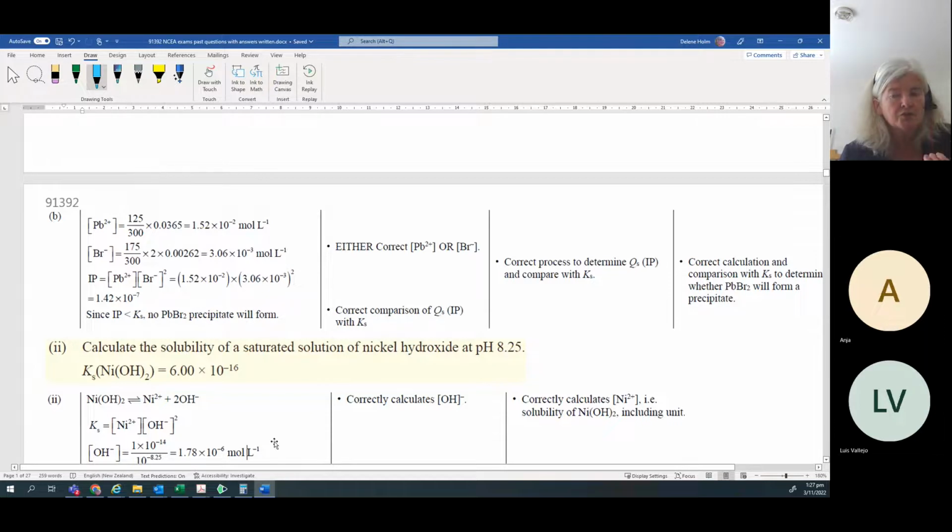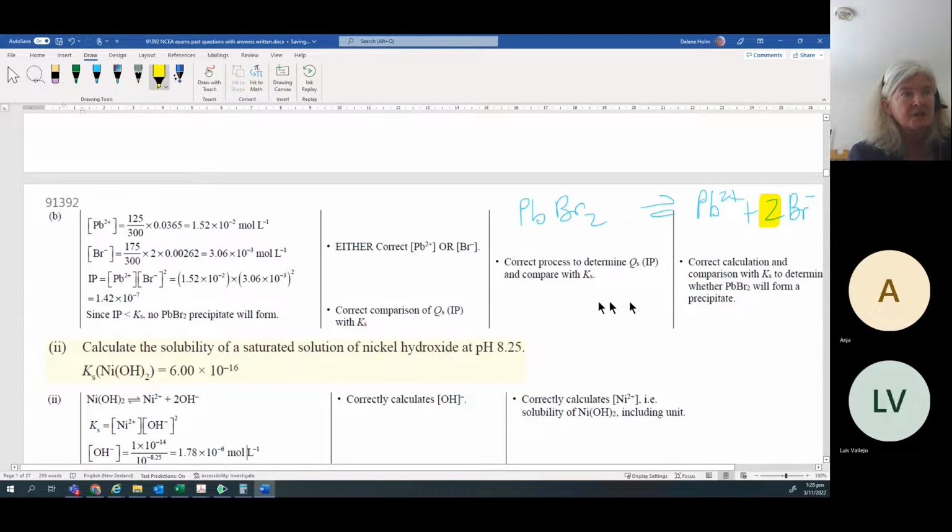If in the equation you've got PbBr2 is Pb 2 plus and 2Br minus, that 2 comes up in 2 different places.